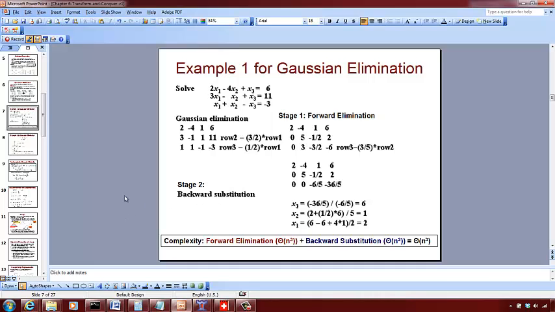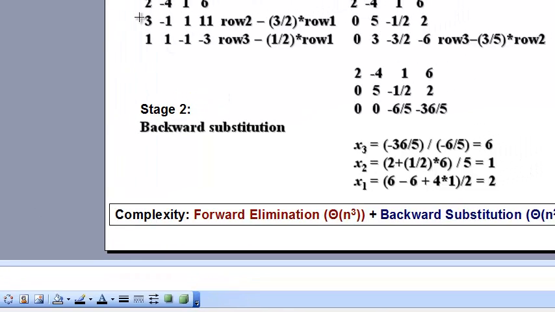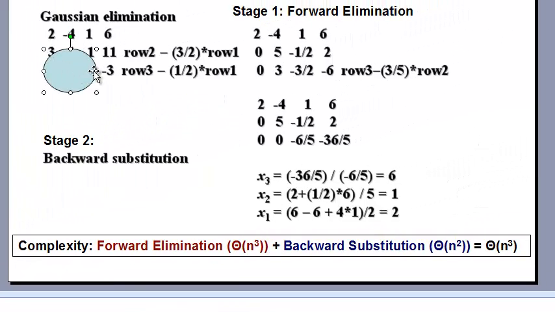So the way you do that is you write down the coefficients of the variables x1, x2 and x3 and then the right hand side value, and first we will make these two things 0.